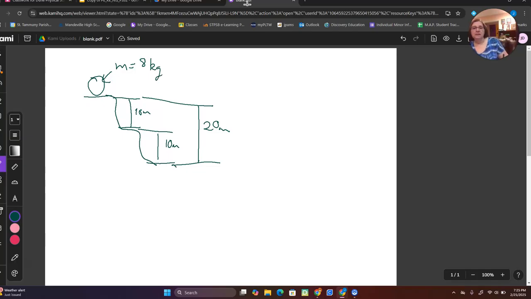So what is the gravitational potential energy of the boulder when it rolls down the hill from the top to point B?